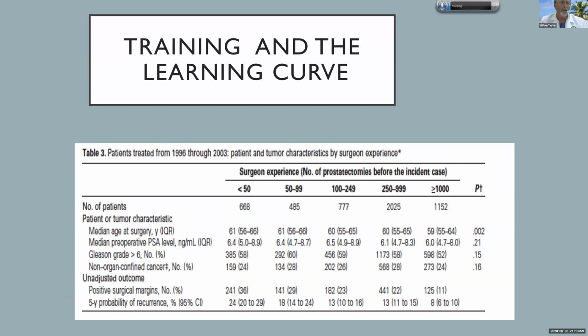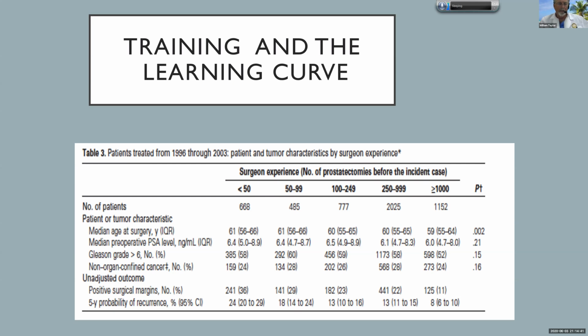I would just remind you, this is my favorite slide. We talk about prostate surgery all the time because of the Intuitive robot and the Da Vinci robot. People have forgotten this study, and basically what this says is that if you look here at greater than 1,000 cases, keeping everything else pretty much in the same distribution, people that have more than 1,000 cases still have better positive surgical margins, better 5-year probability of recurrence, which is less than you do in your least 50 cases, and we continue to learn over time.